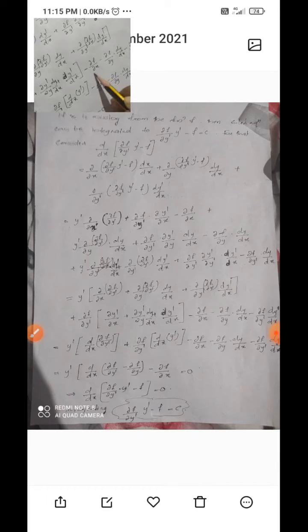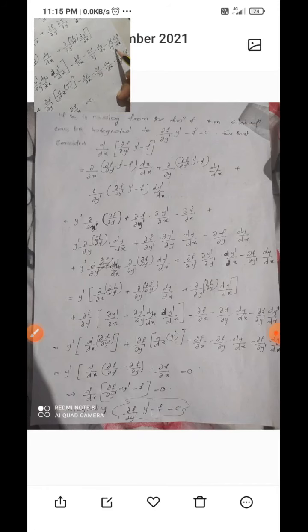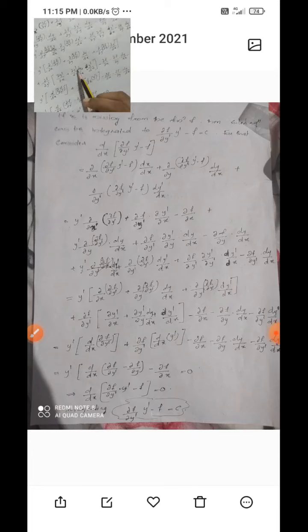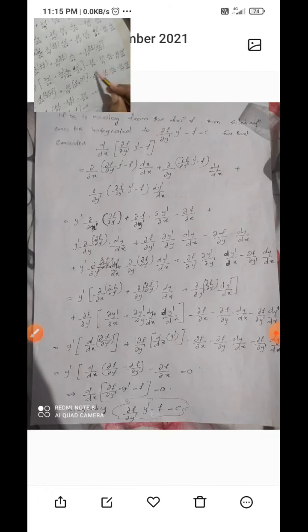∂f by ∂x minus ∂f by ∂y into dy by dx, ∂f by ∂y dash dy by dx, which is the form of total differentiation. We have to write y dash into d by dx of ∂f by ∂y dash plus ∂f by ∂y dash into d by dx of y dash, then the remaining terms.